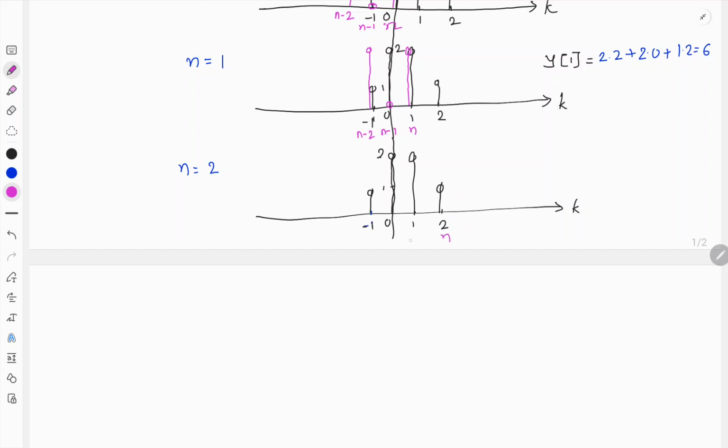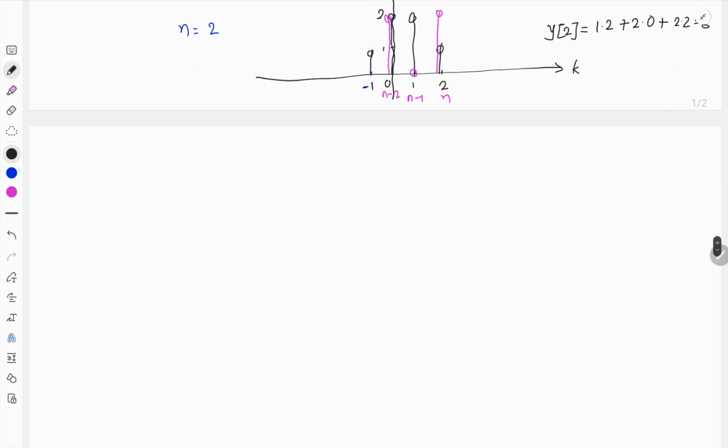So it becomes n, n minus 1, n minus 2. So it is simply 2, 0, and 2. And find out corresponding y. So y of 2 is equal to, multiply the overlapping regions. So it is 1 into 2 plus 2 into 0 plus 2 into 2, which comes to be 2 plus 0 plus 4, again 6.